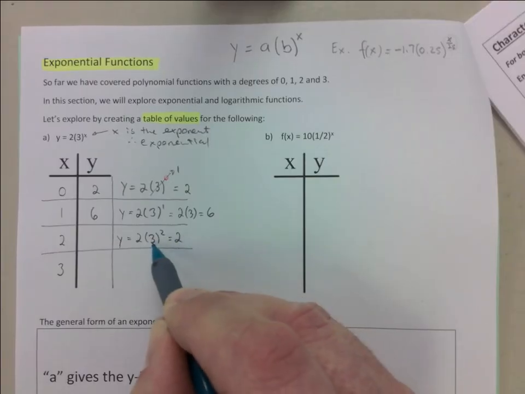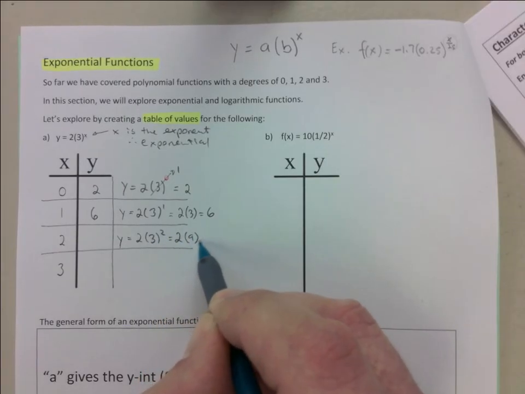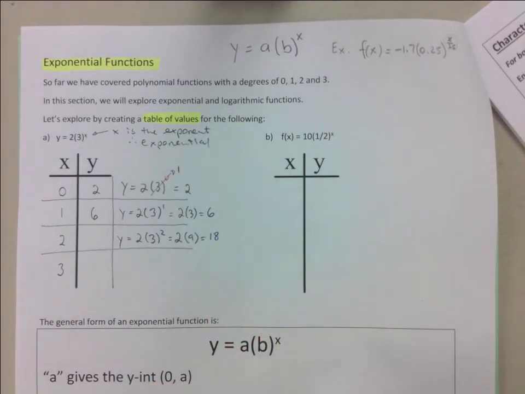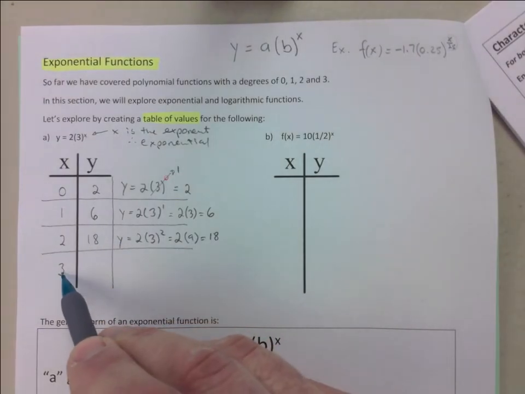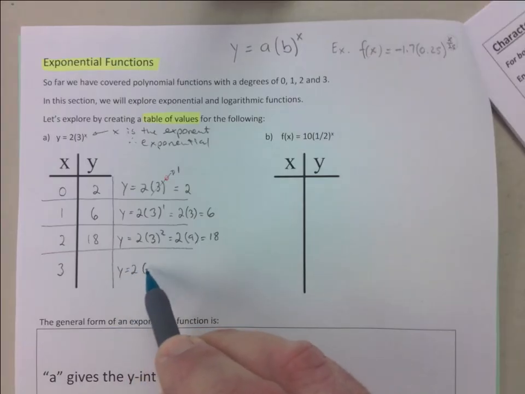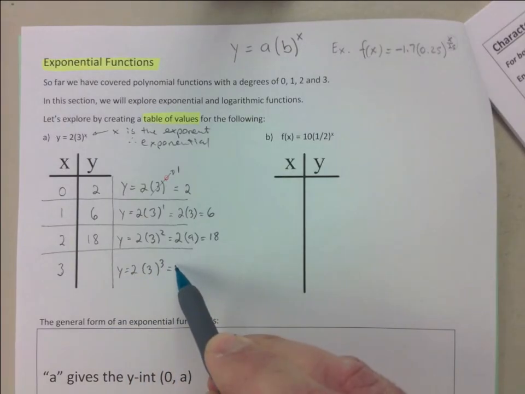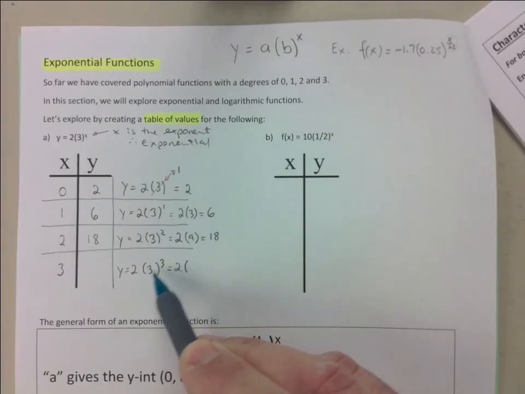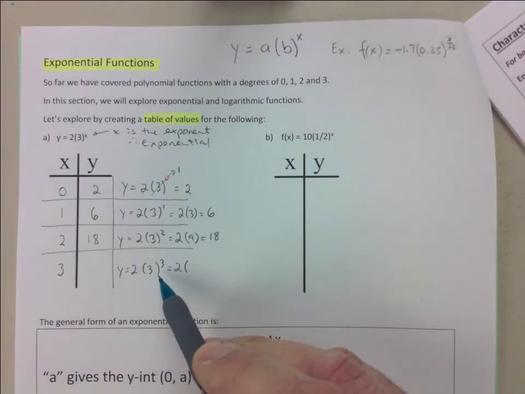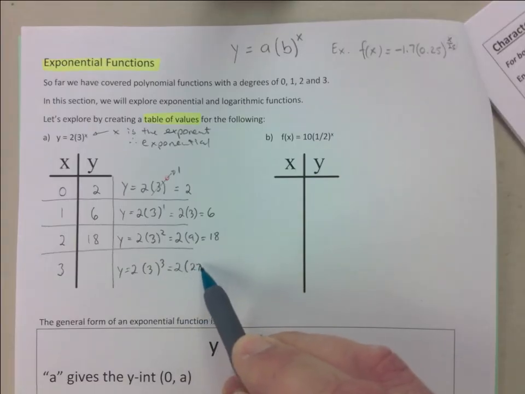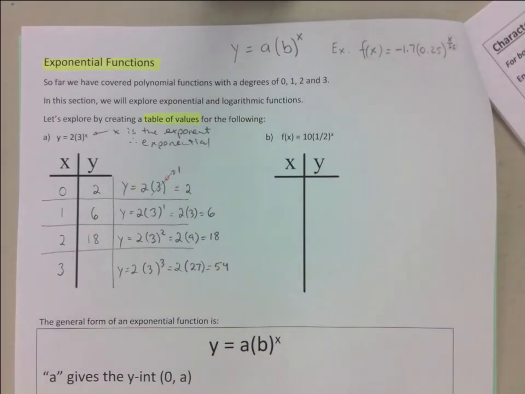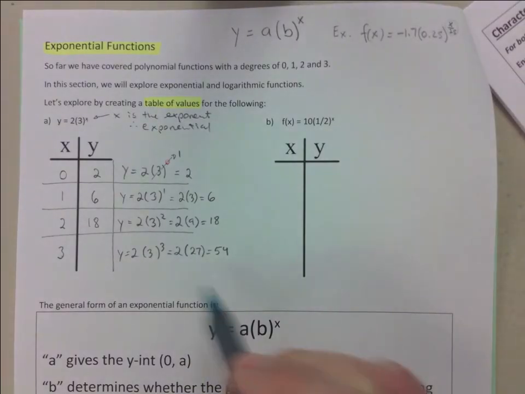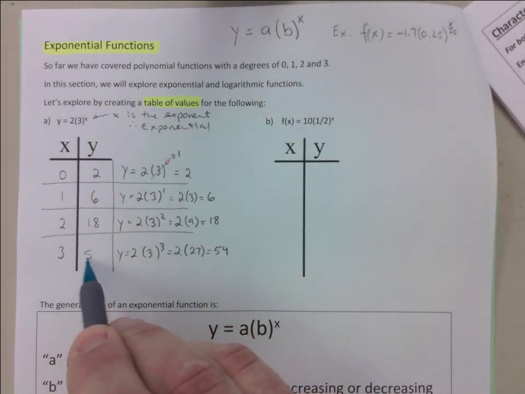That'd be 2 times 3 squared, which is 9, so that'd be 18. When x is equal to 3, plug that in again. 2 times, what's 3 to the 3? 3 times 3 is 9, times 3 is 27. That is 54. So when x is equal to 3, y is equal to 54.